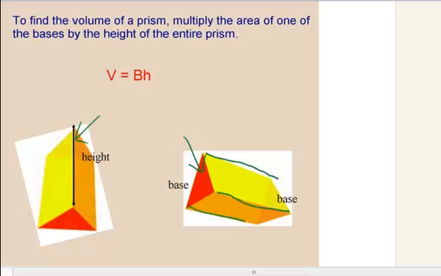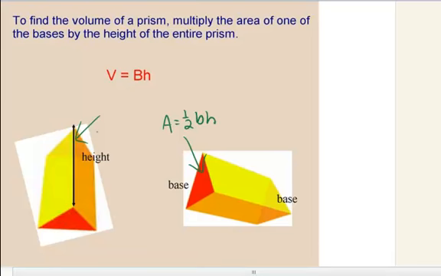You can use any of those as the height. They'll all be the same length. You just multiply those together. So I'm going to have to know the area formula for whatever the shape of my base is, or I'll have to know the area itself. So the area of my triangle is 1/2 base times height, and then the height of the entire figure is the distance between the two triangles.